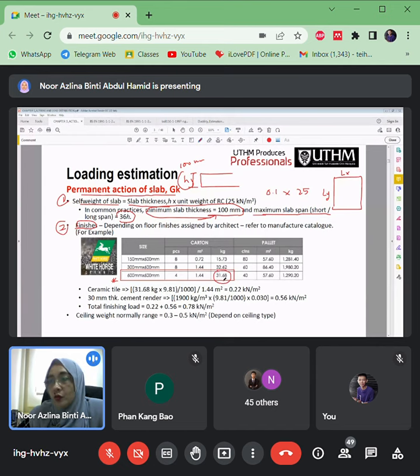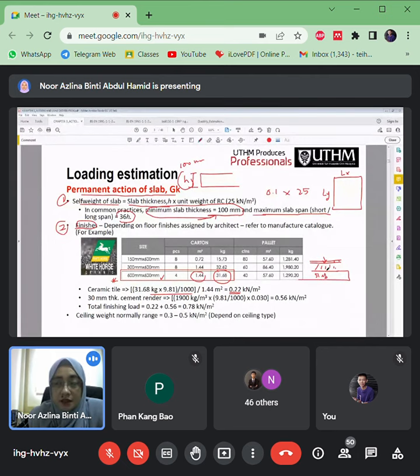So this is the weight of, let's say, this size. Make it to kilonewtons and then divide by its area, so you will get the load for the ceramic tiles. And then ceramic also has a cement render, in order to make a bond between the ceramic tiles and the slab here.